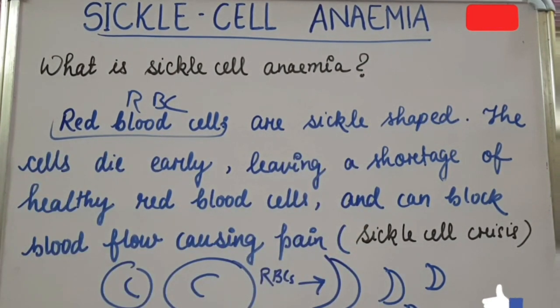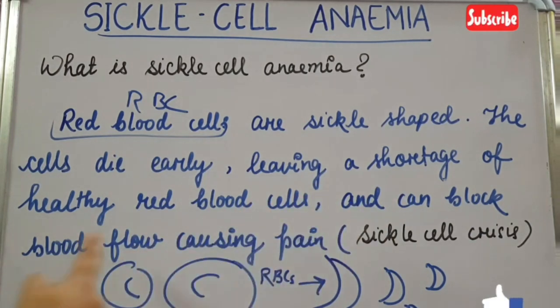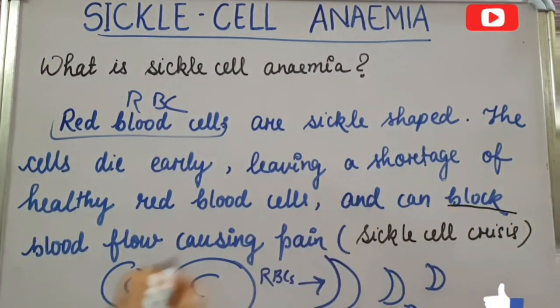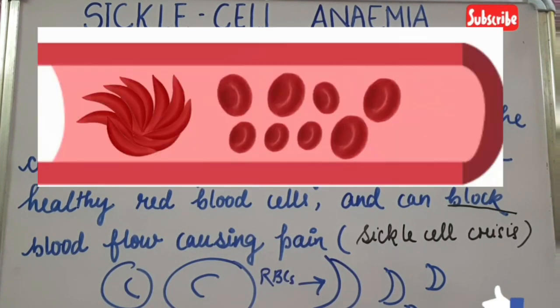The cells die early, leaving a shortage of healthy red blood cells, and can block the blood flow, causing the pain called sickle cell crisis. Let's see a picture of how the red blood cells are converted to sickle shaped, and how the sickle shaped cells block the blood flow.